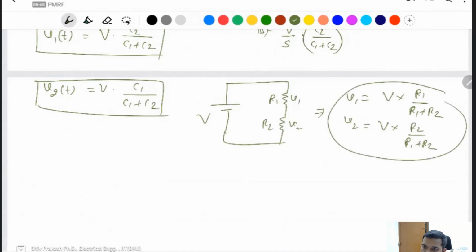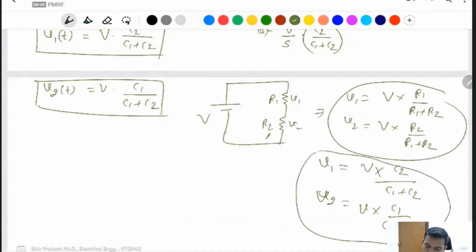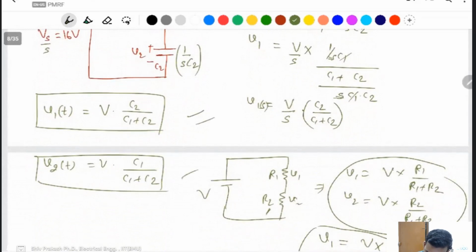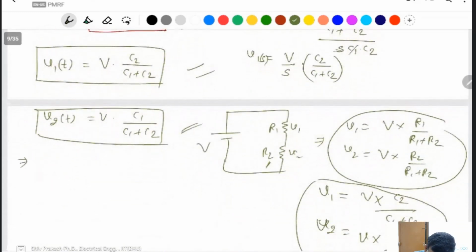But in place of resistance, if you use capacitors, you find the same thing the opposite way around: V1 is V multiplied by C2 divided by C1 plus C2, and V2 is equal to V into C1 divided by C1 plus C2. In the case of capacitors, the voltage divider rules are changed; this one is the opposite of that one. Then you can put in the values and find V1 and V2.